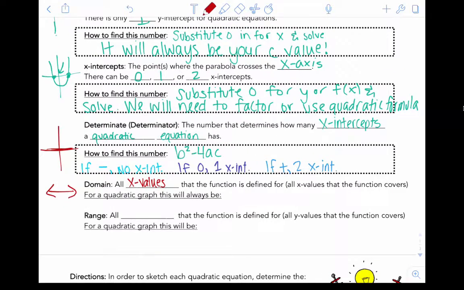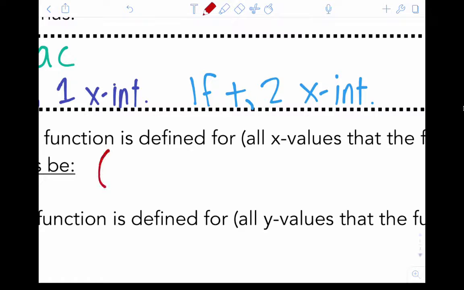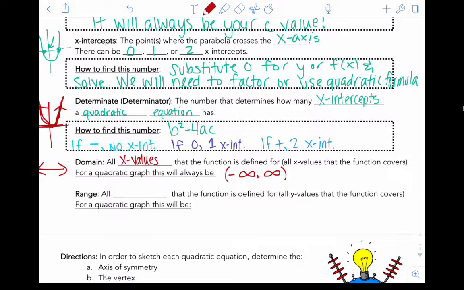A quadratic graph continues going. Even though it looks like it's starting to go straight up, it is slowly inching its way outwards still. So as it goes on forever, it's going to continue going to the left forever to infinity, and to the right forever to infinity. So the farthest left point is going to be negative infinity, and the farthest right point is going to be positive infinity. So that's how we write the domain.